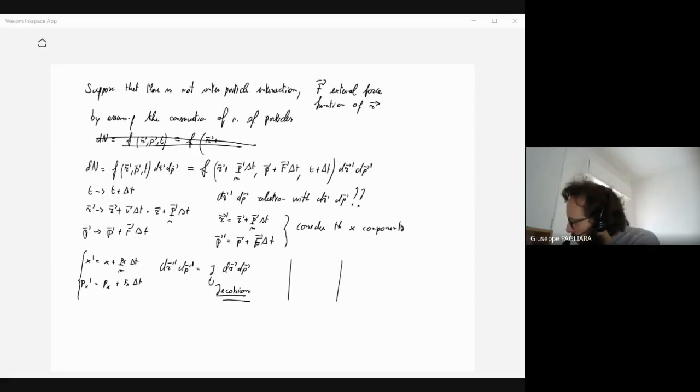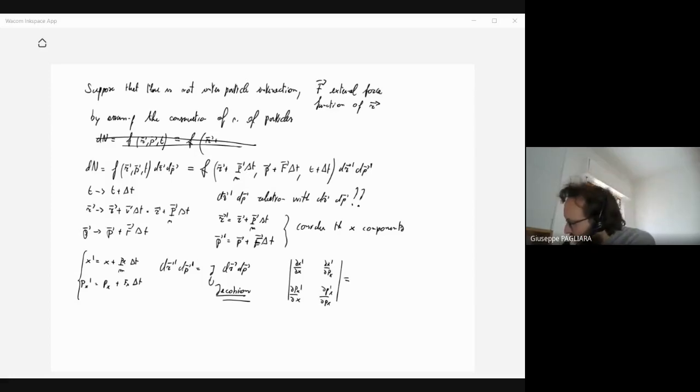So here the Jacobian must contain the derivative of x prime with respect to x, of x prime with respect to px, of px prime with respect to x, and of px prime with respect to px.